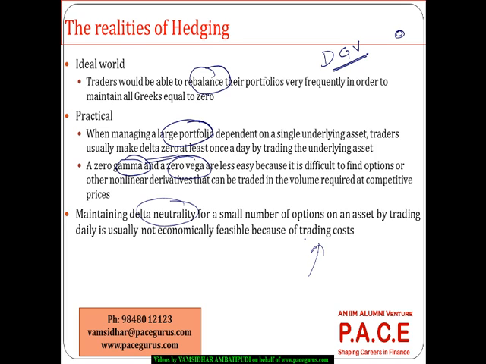So daily maintaining a delta 0 position could be quite difficult, as it would shoot up my transaction costs heavily. So from a reality perspective, we have to be very much realistic in balancing the frequency of rebalancing the portfolio to make them delta and gamma neutral.